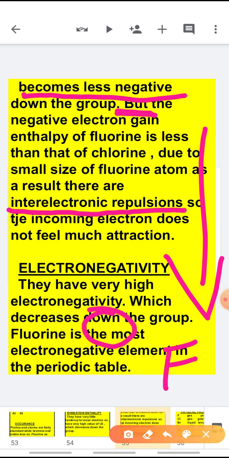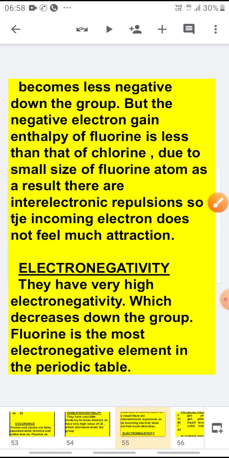Fluorine is very small. The electrons which are present inside repel each other, due to which the incoming electron does not feel any attraction. So, you have to remember the negative electron gain enthalpy of fluorine is less than that of chlorine because of the small size and inter-electronic repulsions in fluorine.